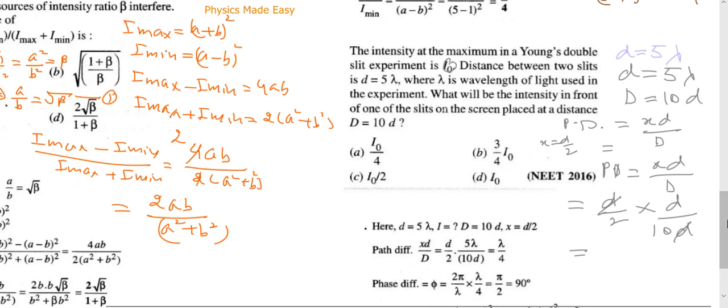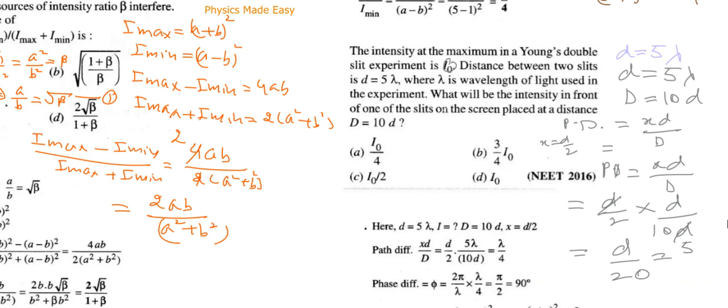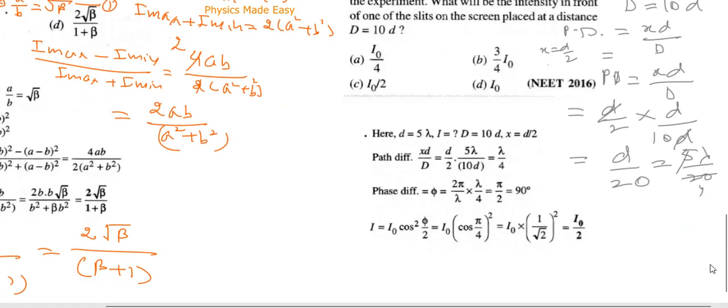I will put value of d here. 20, this is 5 lambda. So this is lambda by 4. Lambda by 4 is the path difference.